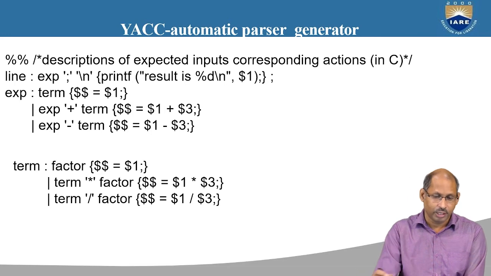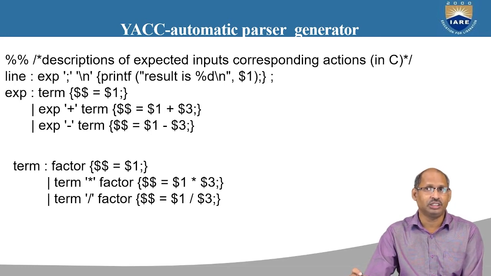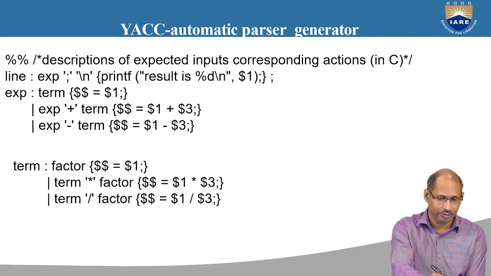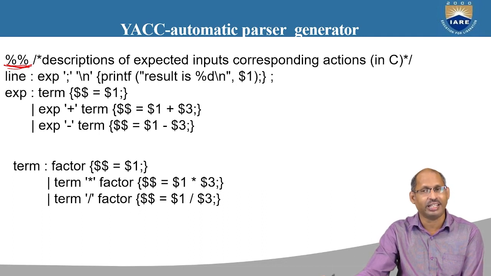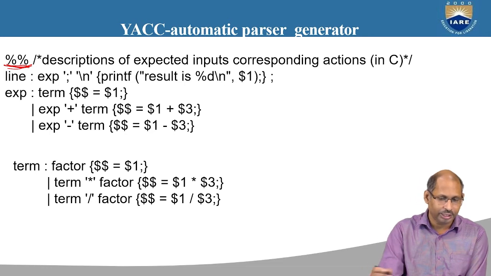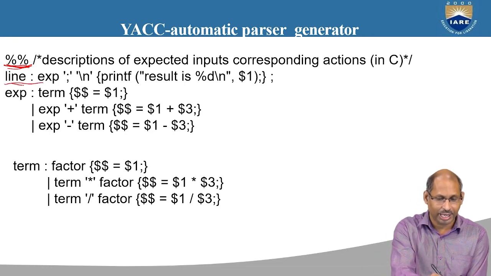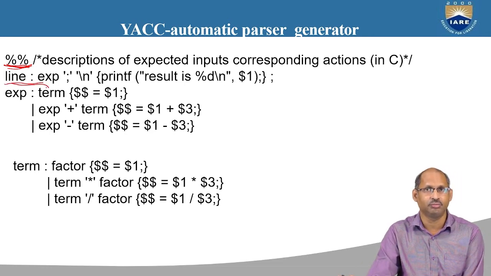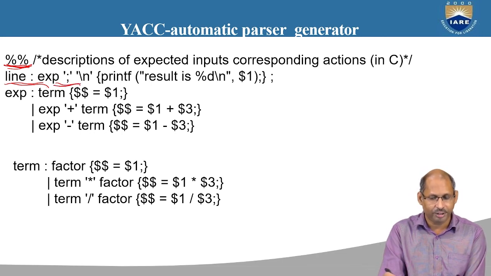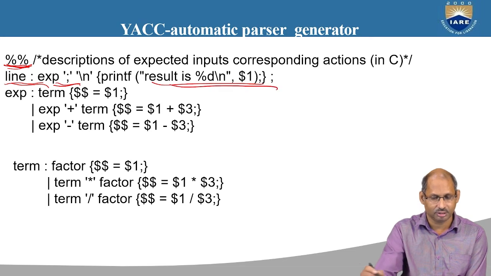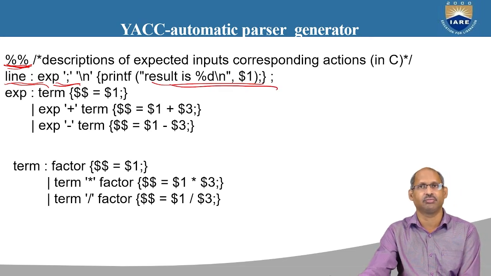Now these three divisions will be separated by two percentile symbols. Then descriptions of expected inputs corresponding to actions in C. Here line is an expression ending with semicolon. Printf result is the result of expression.